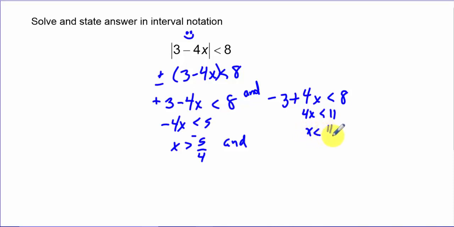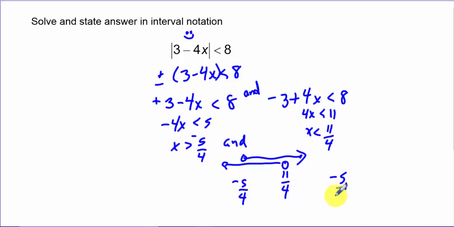X less than 11 over 4. So, x less than 11 over 4, here's 11 over 4. Open circle. Going this way. Here's negative 5 over 4. Open circle. Going this way. Where's the overlap? Between the two. So, negative 5 over 4 to 11 over 4, neither one's included.